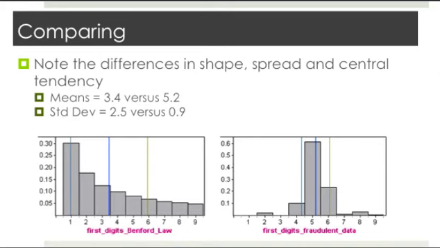When you compare these to legitimate data, in fraudulent data we are much more likely to see numbers with a first digit of 5, and much less likely to see numbers with a first digit of 1, 2, or 3, compared to actual data where we are very likely to see first digits of 1, 2, or 3.